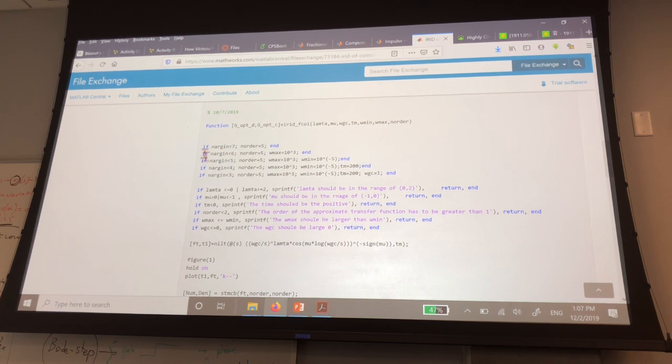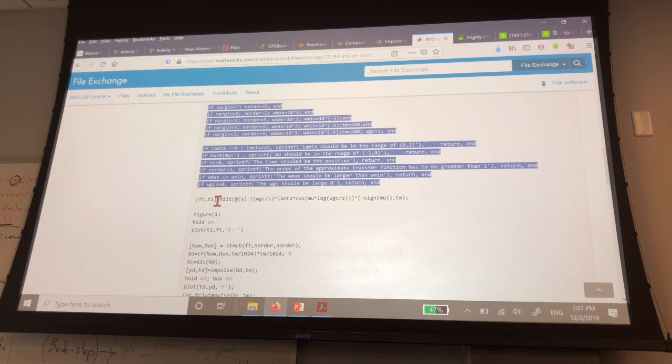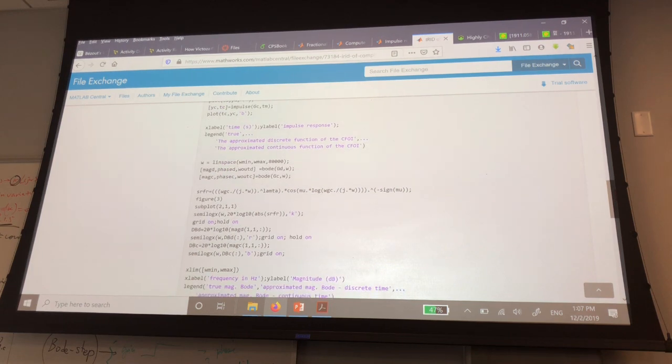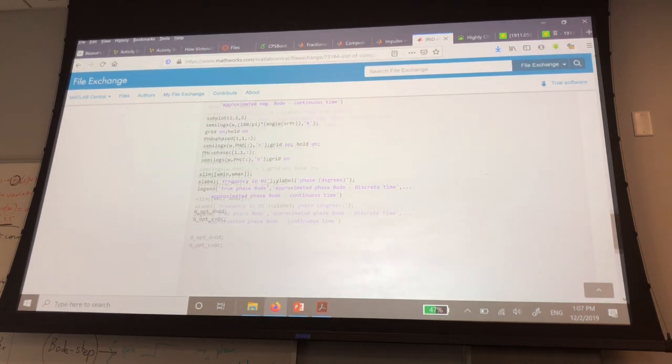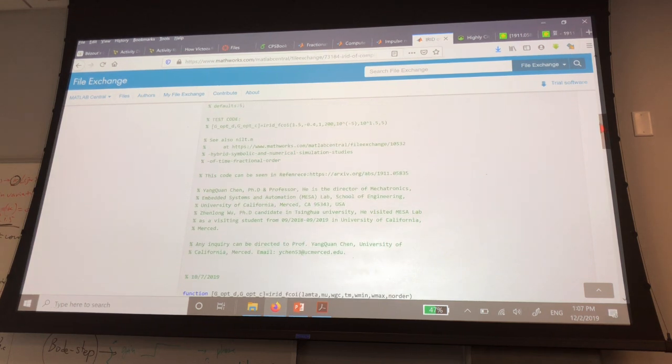All these are error checking about how many you put in. These are very important safeguards. But what we really need is NILT, a code you can also download from the web. Actually, he probably used NILT. No, he didn't. He said NILT was obtained from here.